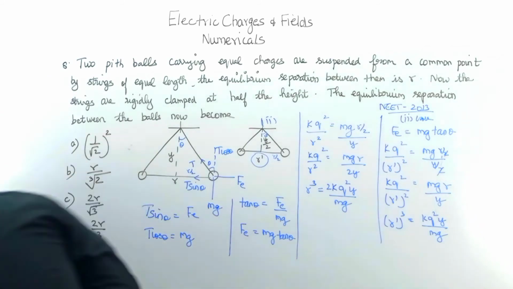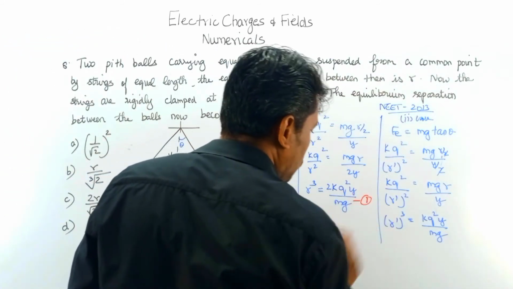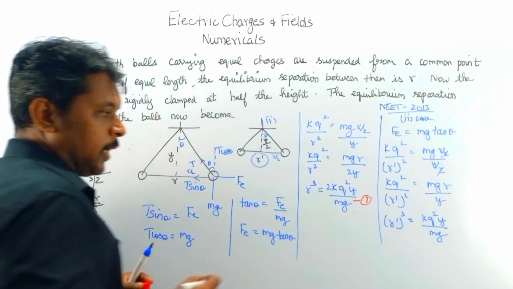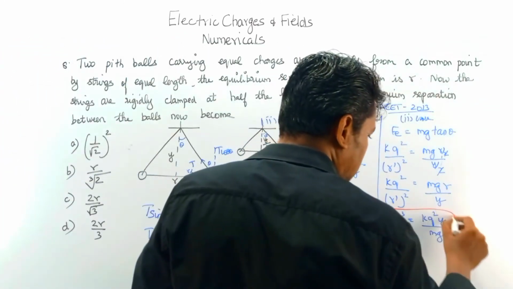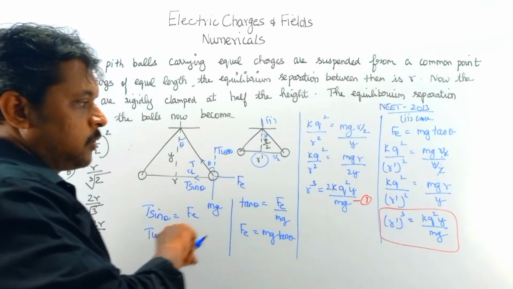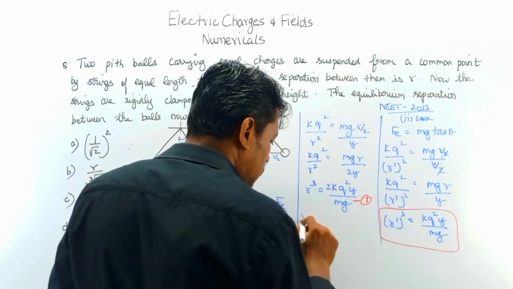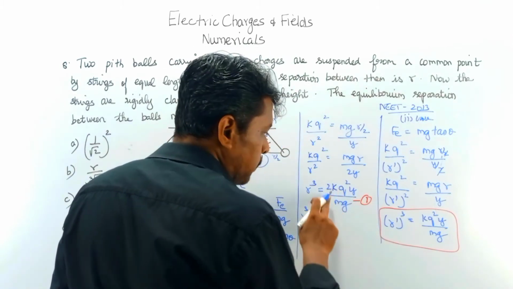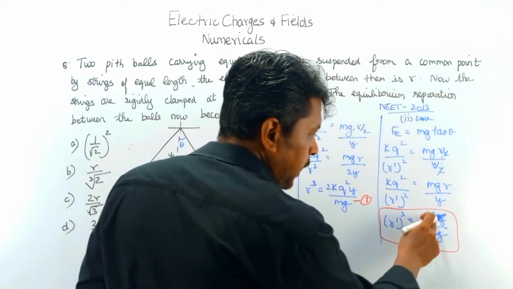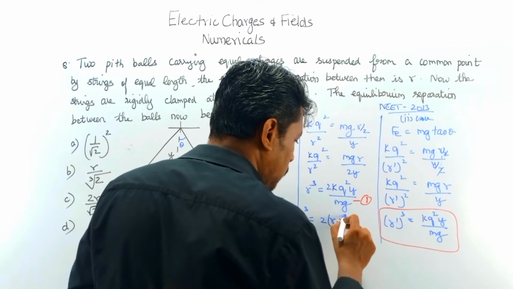Here we have already got the value of r cube. Let us say this is equation 1. We have got the value of r dash cube, k q square y by mg. Just substitute this value of r dash in r cube. Instead of k q square y by mg, just replace r dash the whole cube.